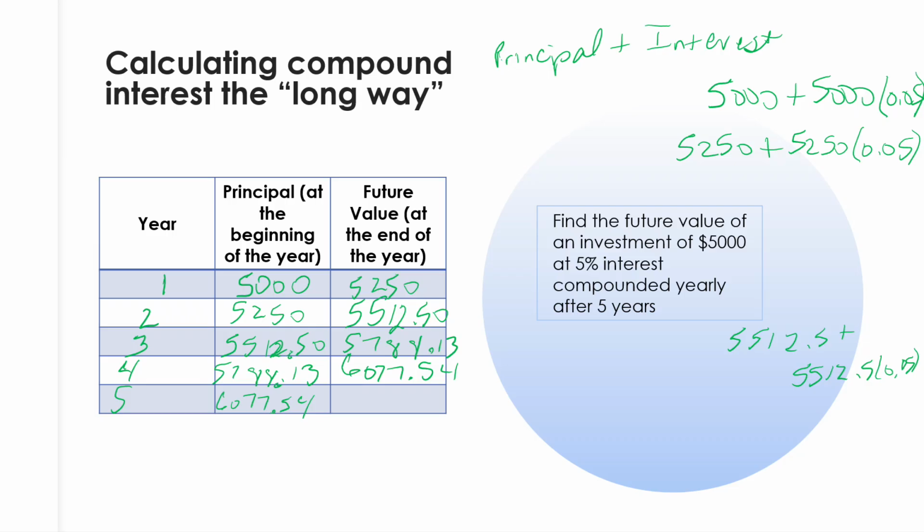And we now have in the account $6,381.42. So that's how we compound. We add on top of the year previous. And this is the long way of doing it. It can be done this way, but it's a very, very long way of calculating compound interest. We do have a formula, though, that can make it a little bit easier.